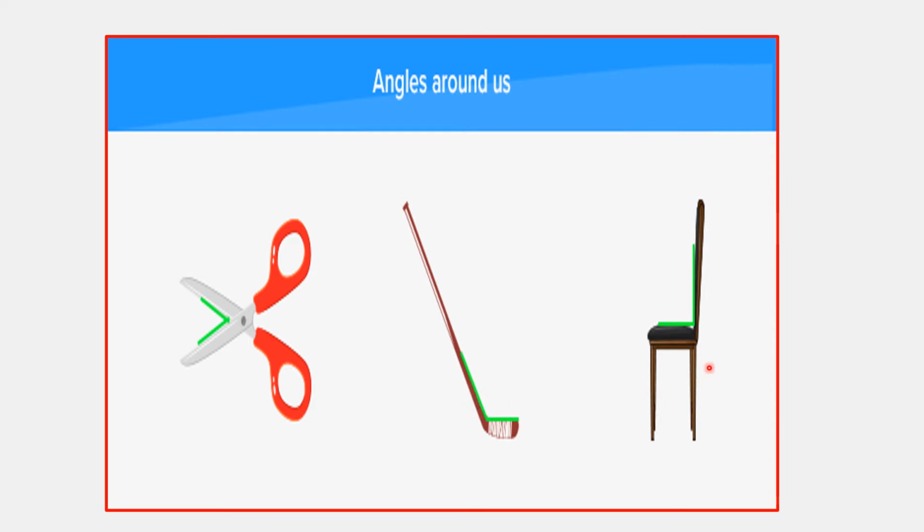And here also the chair, the sitting position, this also makes an angle. So these are a few examples of angles you see around. There are many such examples, like the corner of your door, the corner of your table top; all these form an angle.